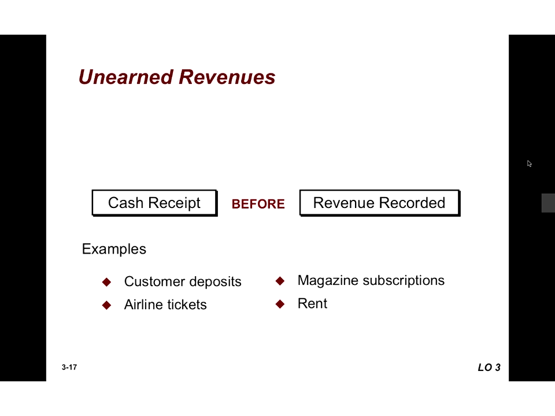For example, airline tickets. When you pay for a flight, the airline does not recognize revenue until that flight actually takes place. Magazine subscriptions, if you pay for a year's subscription, the magazine does not recognize revenue until each month goes by. If you pay rent in advance, they do not recognize revenue until the month has gone by.